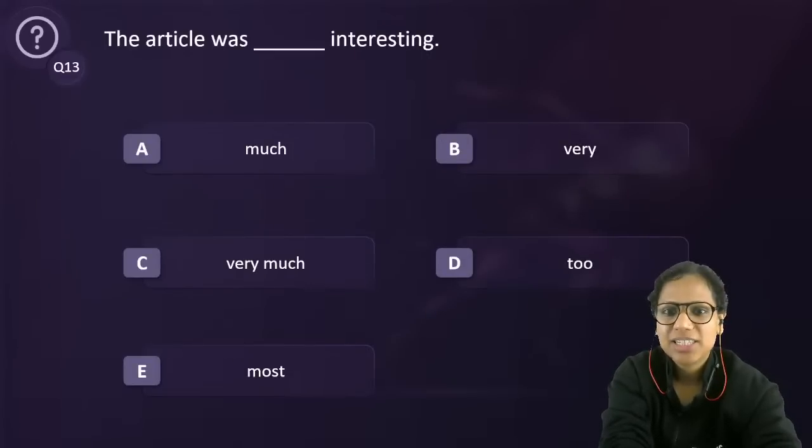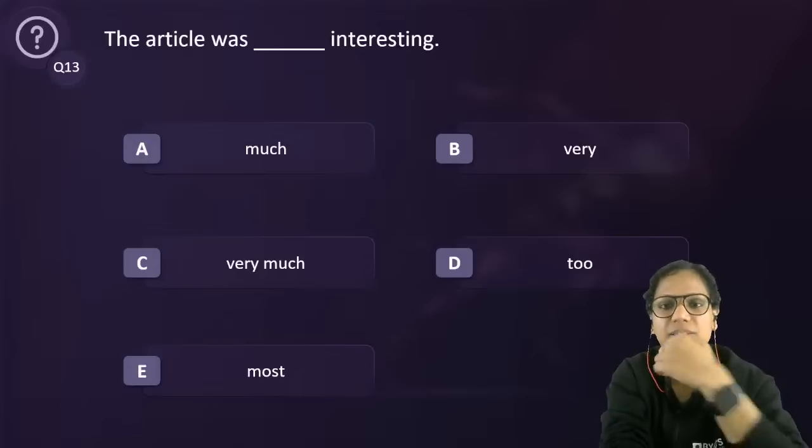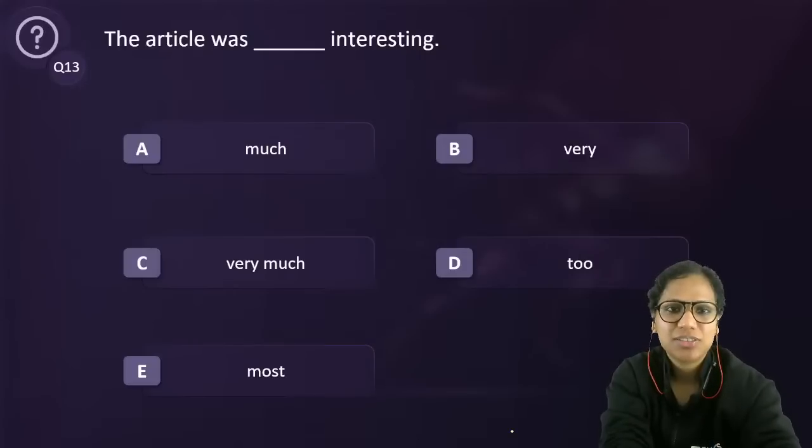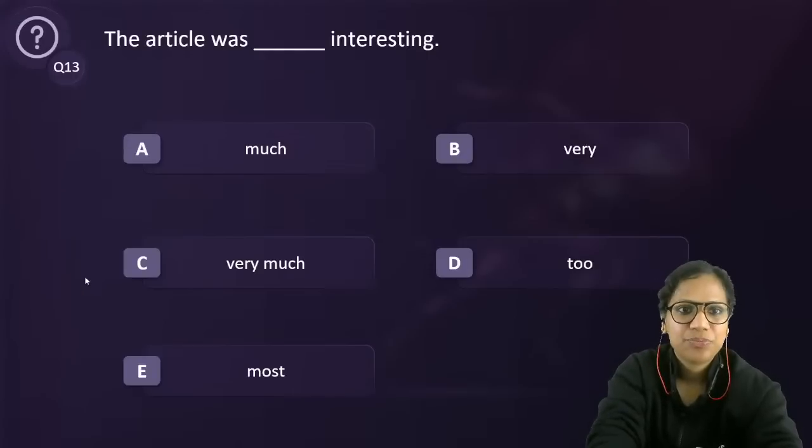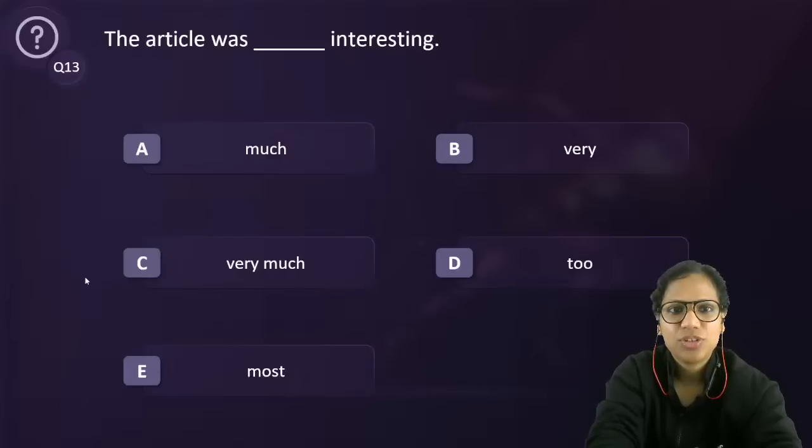Back to fill in the blanks. A similar question came in SNAP this year, a question similar to question 13. Let's see what you say.